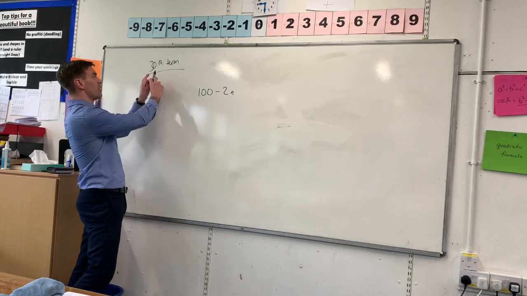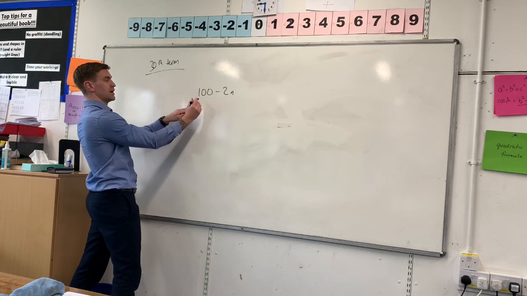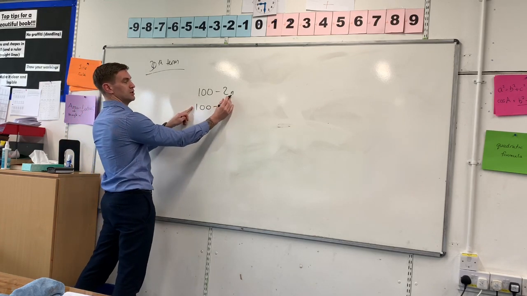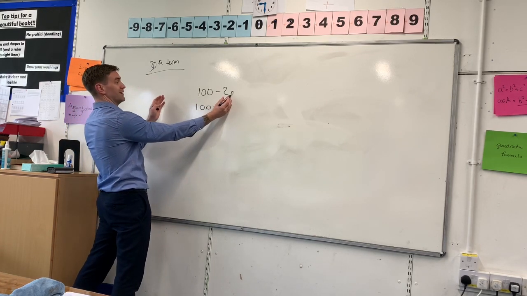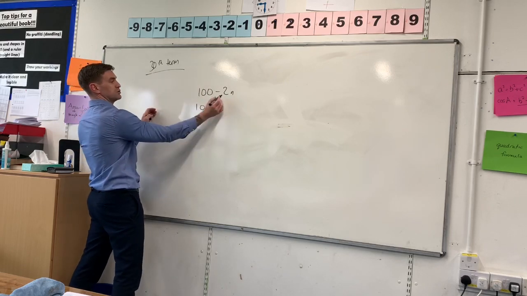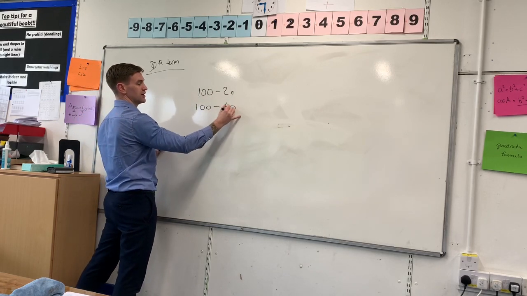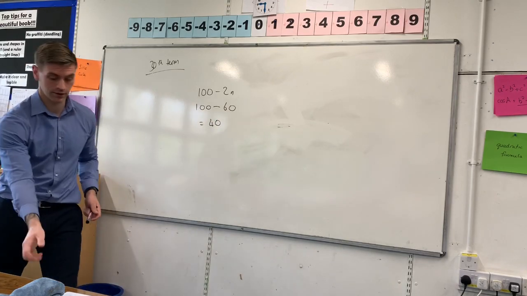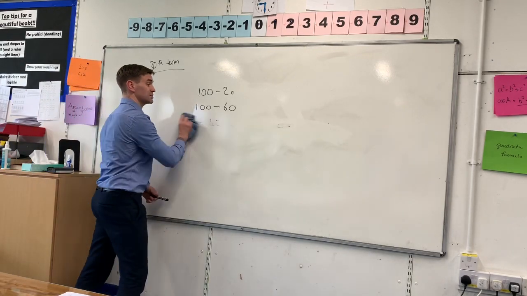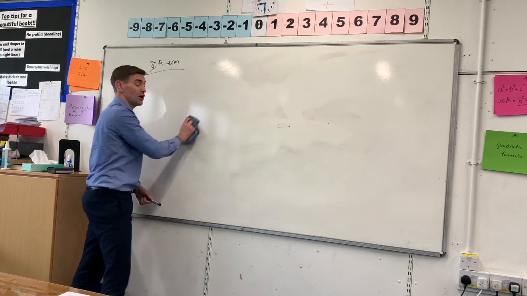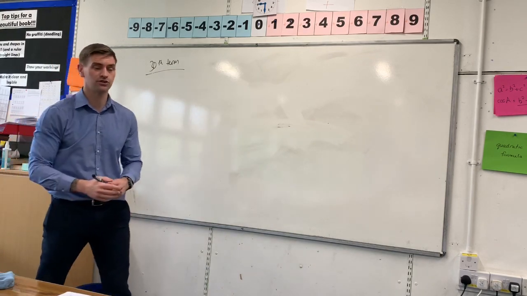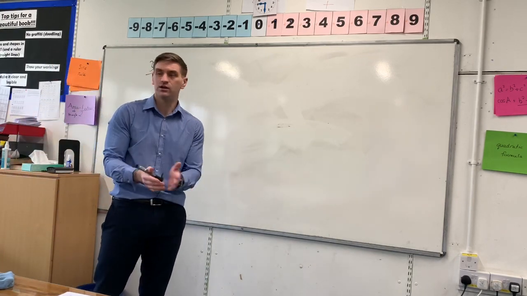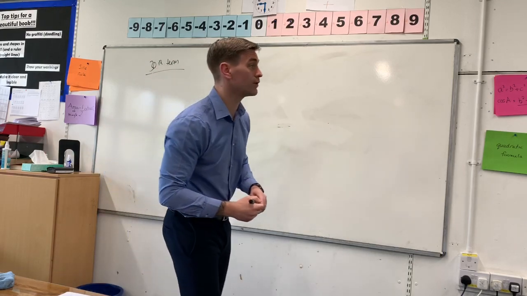So if I want the 30th term, 100 minus 2n means 2 times n. Well if n is 30, what's 2 times 30? 60. 100 minus 60 is 40. Again, really simple maths, but you have to know the term you're looking for becomes your n. If you don't know that, you can't access it. If you do know it, it suddenly becomes a really easy question, doesn't it?